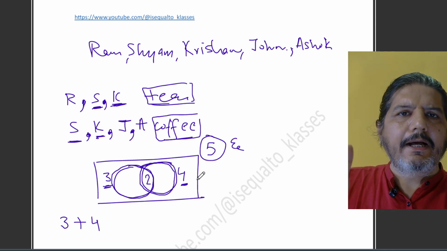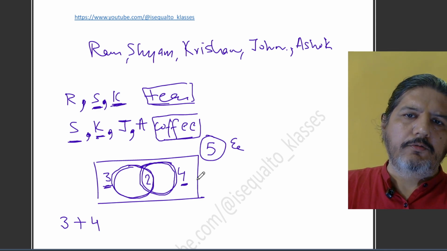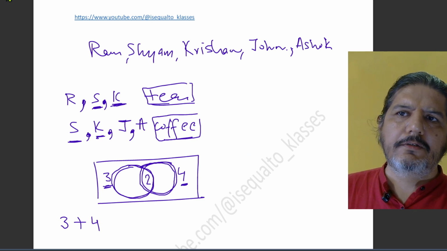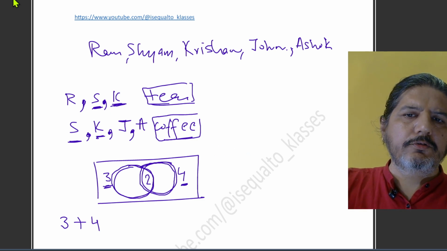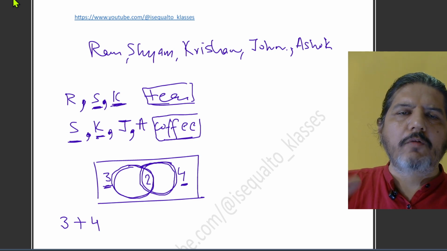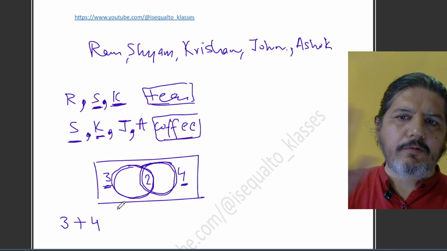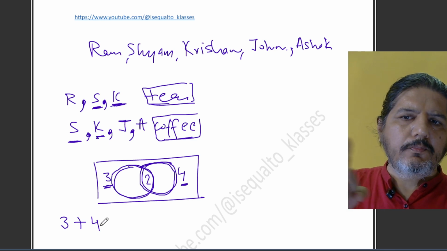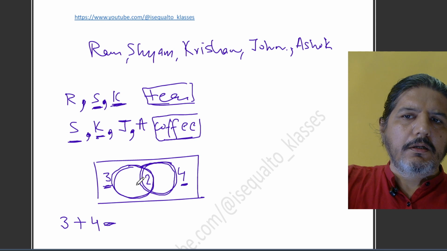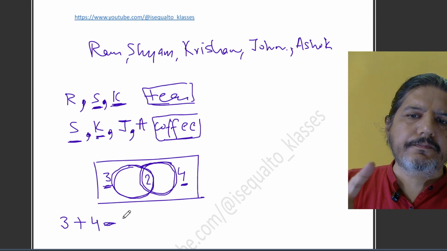But if I have to find the number of people, for example, if I am given this information that 3 are tea drinkers, 4 are coffee drinkers, 2 drink both tea and coffee, how many people would be there in the universal set? So, when I am doing the calculation, tea drinkers plus coffee drinkers, because these 2 people, Sham and Krishan, are being added twice, I'll have to subtract them once.